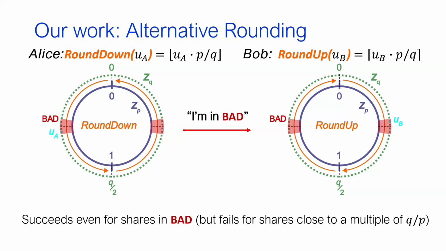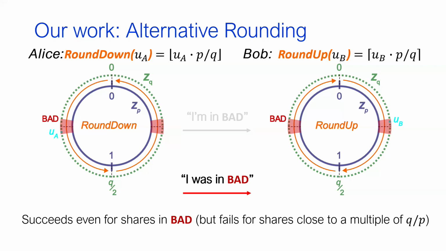But of course, in HSS, we do not allow this type of communication because homomorphic evaluation has to be local. But now suppose that we were to push this communication down to the end of the protocol into the reconstruction phase.